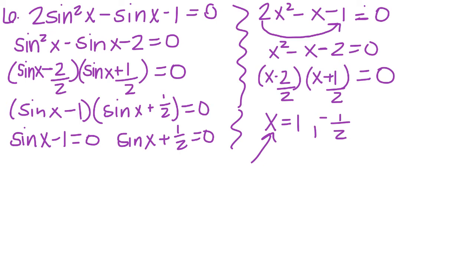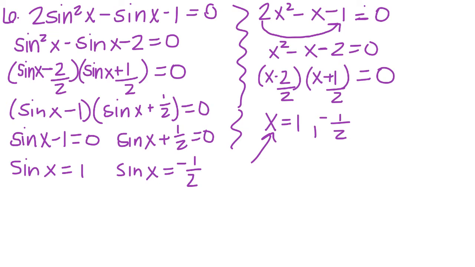So that tells me that sine of x is 1, or sine of x is negative 1/2. Okay, y'all look at that factoring. Does that look any different on the left than the right? It was the same process. Do y'all have any questions about it?